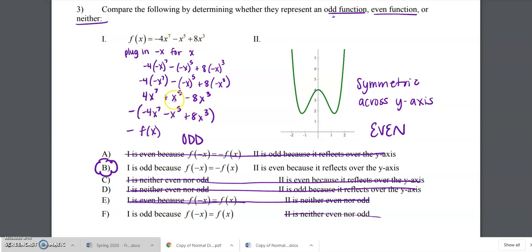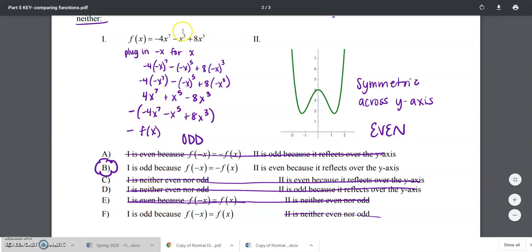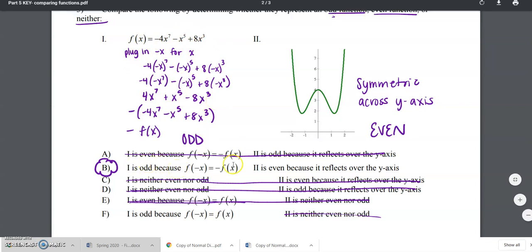And remember, we factored out a negative, so we've got a negative in front of it. So this is f of x with a negative in front of it, so now we have negative f of x. We have confirmed that this function is in fact odd. So B would be your correct answer there.